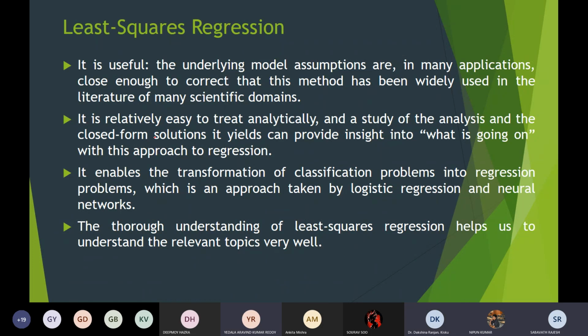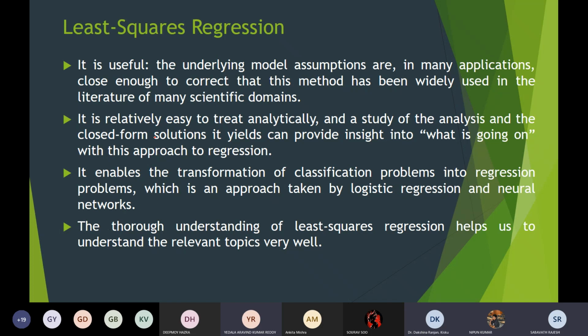Now, a thorough understanding of least square regression would help us understand the relevant topics also. Relevant topics means the applications where we can apply the regression models with different machine learning strategies. That will also help us understand the solutions to the problems using least square regression.